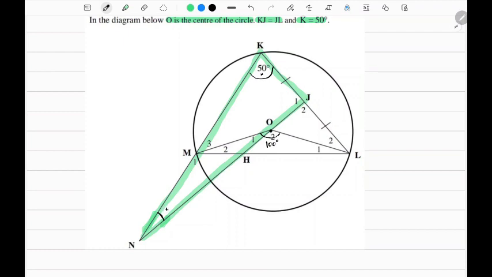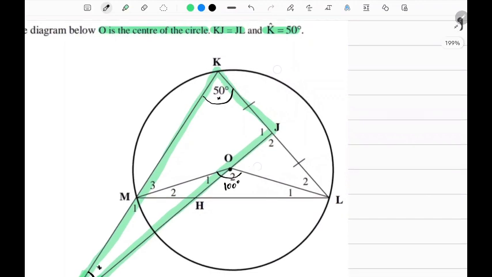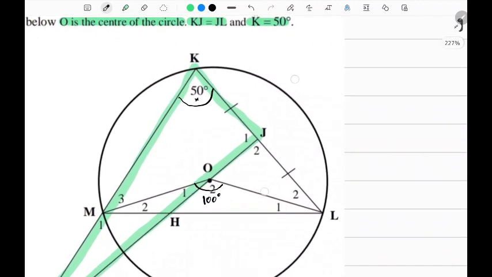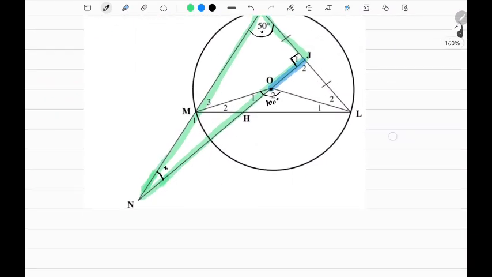Let's start off by determining the size of angle J1. If you consider the line drawn from the center to point J, the midpoint of the chord KL, the angle that forms between line segment OJ and the chord KL is 90 degrees. So J1 is 90 degrees.